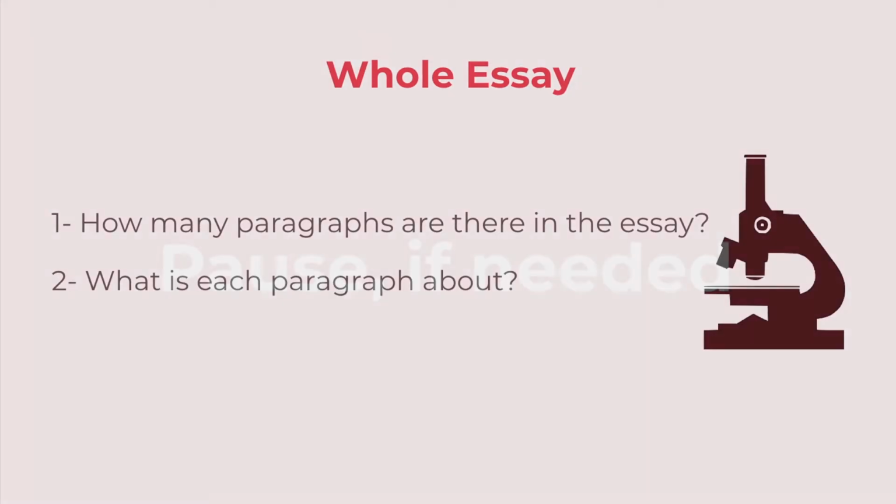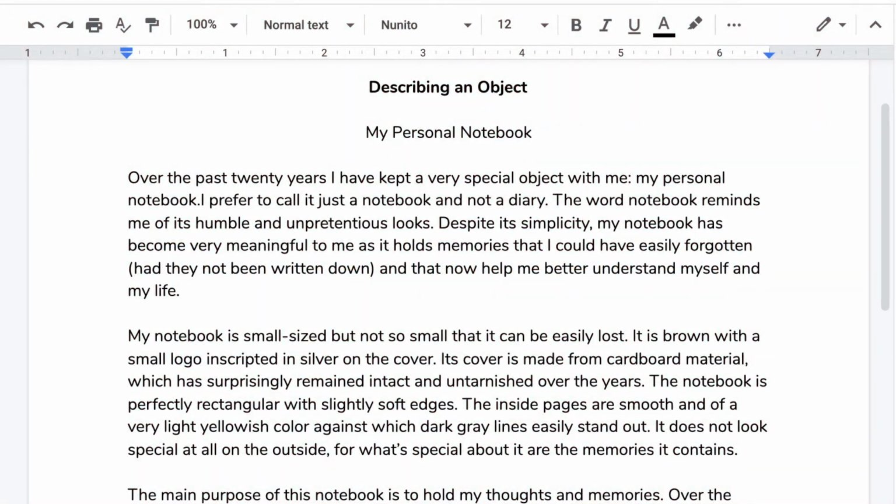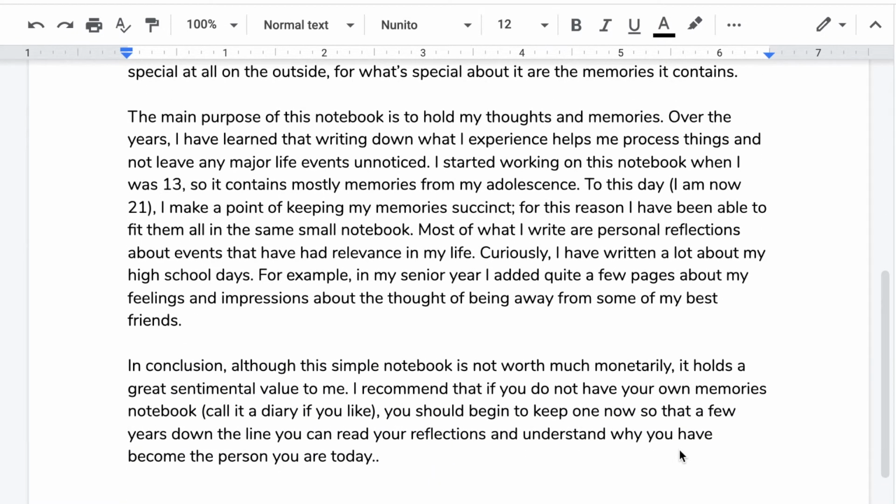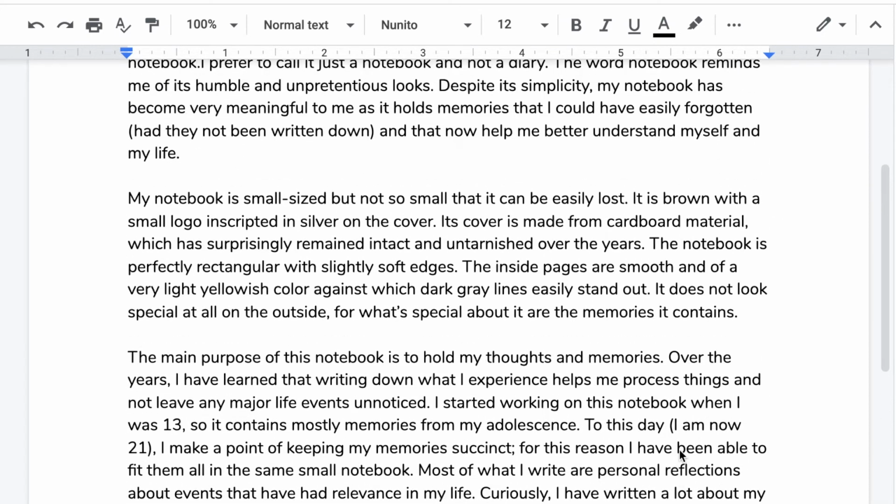When you're ready, continue. So question number one, which you had the chance to think about, is how many paragraphs are there in the essay? Again, same reason as the previous essay, there's 4 paragraphs, and we've chosen this model here so that you actually focus on learning the genre, and then if you want to make it a 5 or 6 or 7 paragraph essay later, you just need to add body paragraphs.